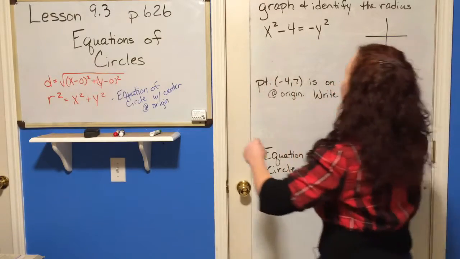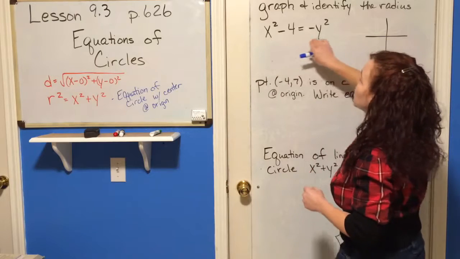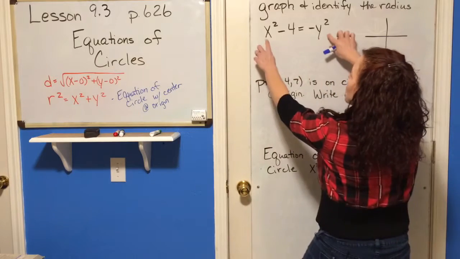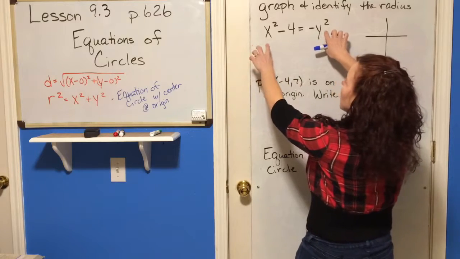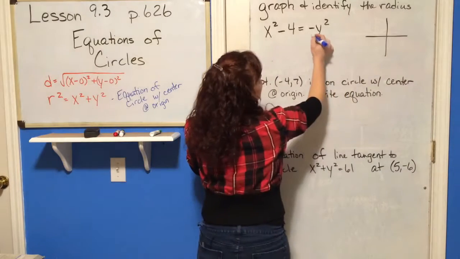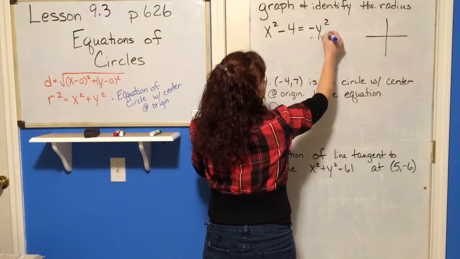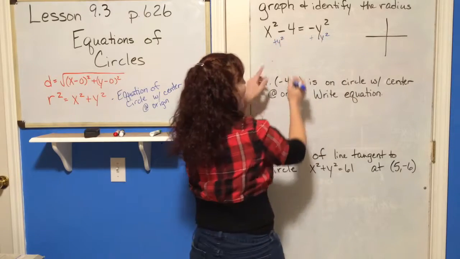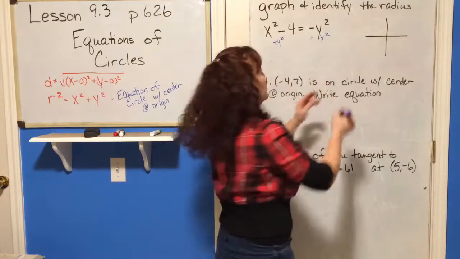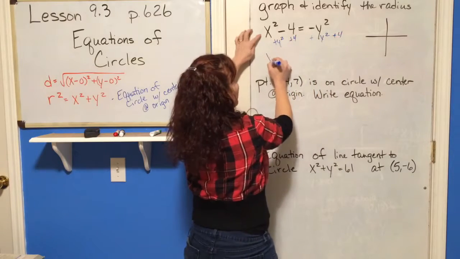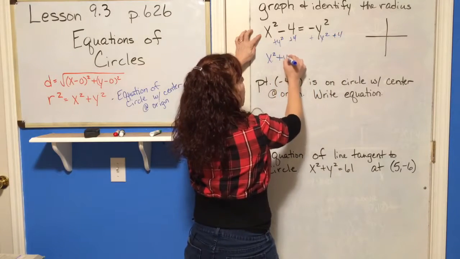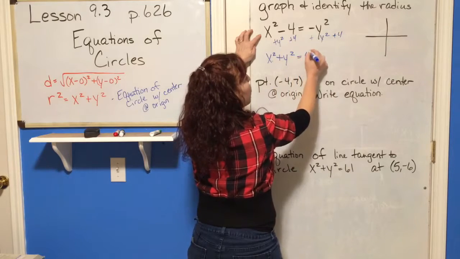So let me show you what I mean. Here we go. In this equation, we've got an x squared and a y squared, but obviously they're on opposite sides of the equation. So simply add y squared to both sides and add this 4 to get it to the other side of the equation. So now you end up with x squared plus y squared, and that equals 4.